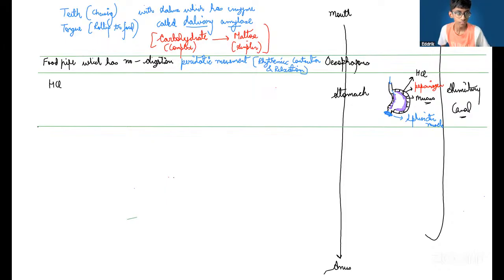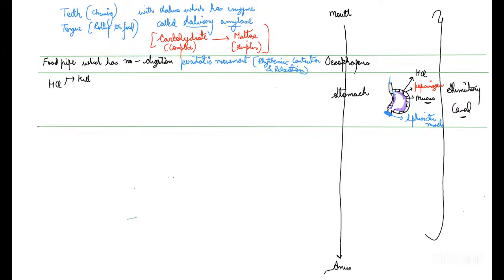Now, the stomach releases HCl, which kills the germs in the food, and also makes the food acidic, to create an acidic medium. Why? So that an enzyme can activate. Now listen, guys.